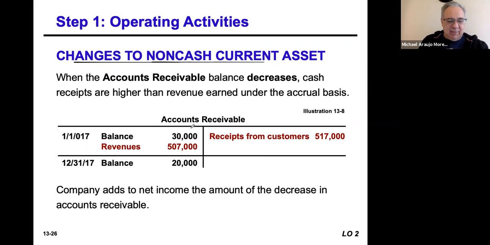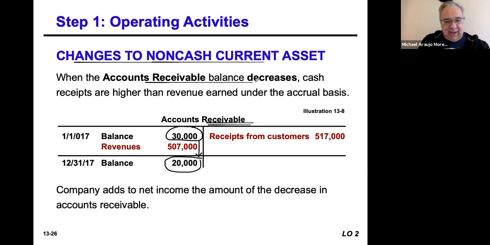So check this out. Accounts receivable, you started the year with 30,000 of receivable. Remember, receivable, you're waiting to receive cash. Right? You ended the year with 20,000. So in other words, in order to get from 30,000 to 20,000, you have to collect more cash, right?